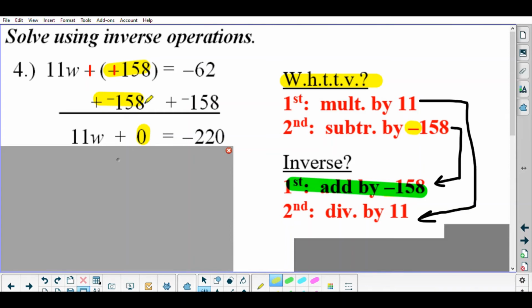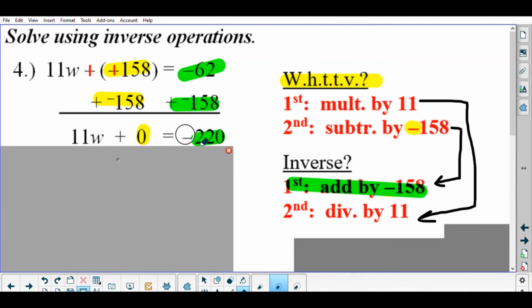I guarantee you, if you would not have made the subtraction adding the opposite, then you would have accidentally thought that you were going to get like negative 306 or something, or 316 or something like that. And that would obviously have been wrong. You will get 0. This is why I keep teaching you guys to make subtraction become adding the opposite before you work down. Right hand side, when you have a negative plus a negative, you will add in your head. That's how I get negative 220.